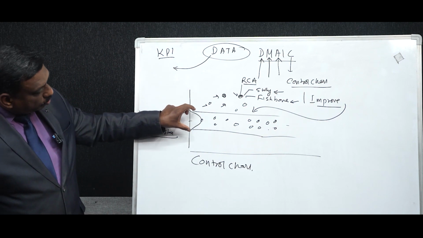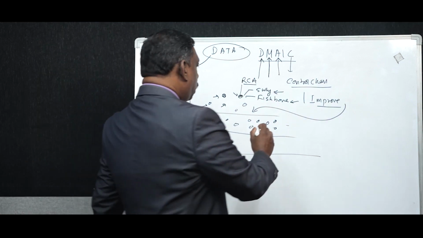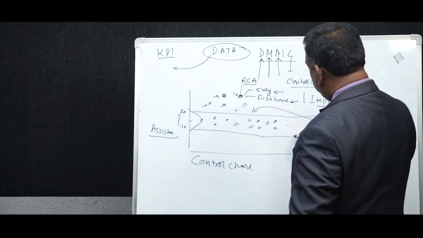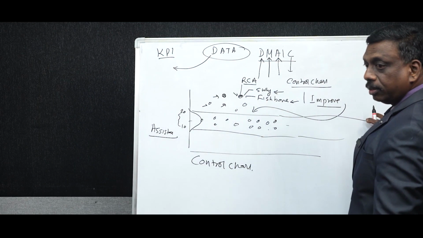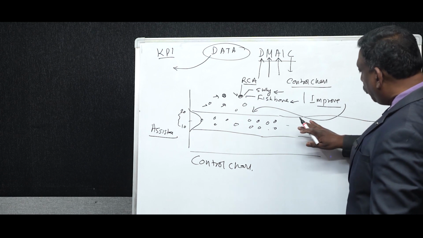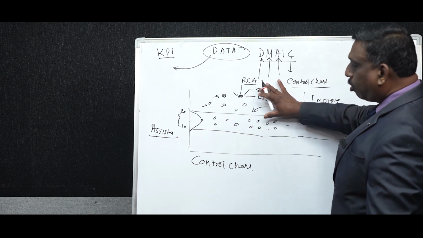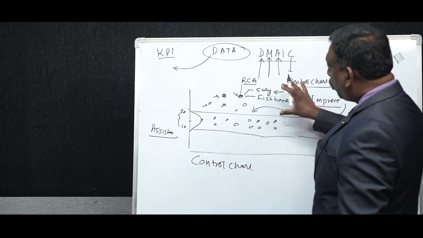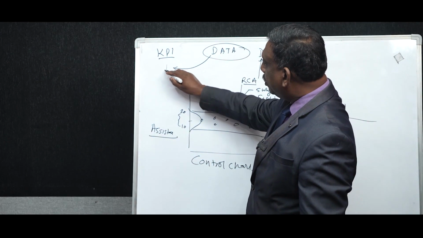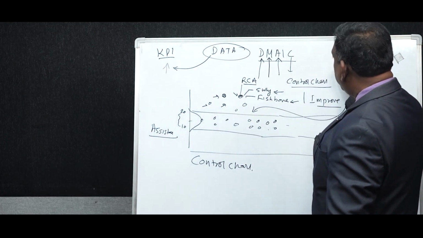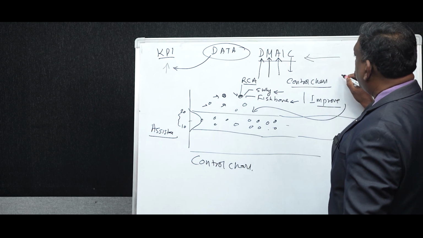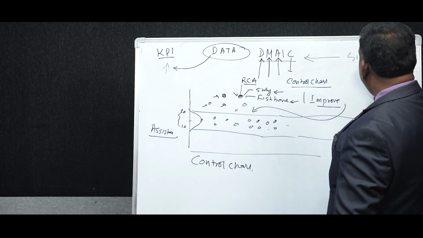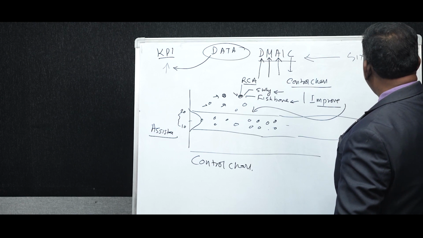Then you try to maintain everybody within this chart, and if you consistently maintain, this problem will be solved. So the problem is given by the KPI, but it is solved by the process called DMAIC, which is the Six Sigma method.